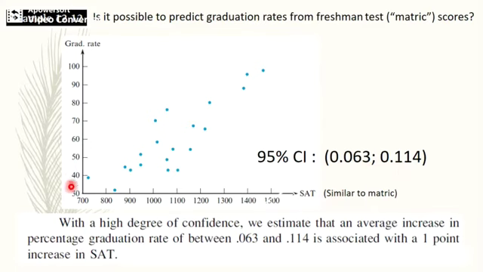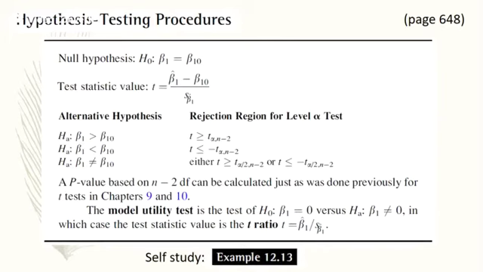Remember, graduation rate is given as a percentage. So that's what the slope tells you. Instead of giving a point estimate, now you have a range of possible values associated with a 1 point increase in your X value.